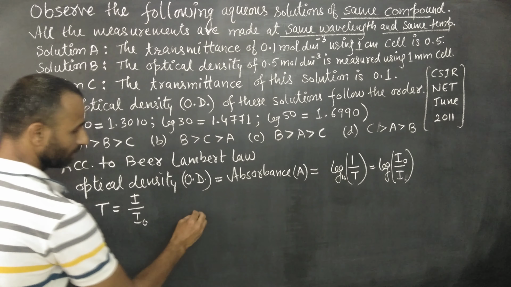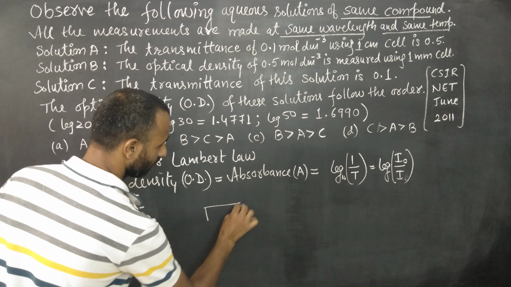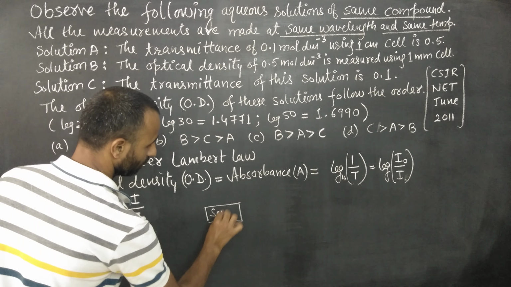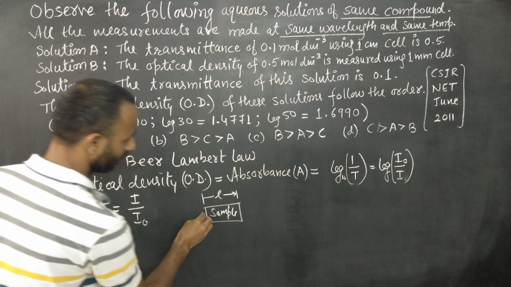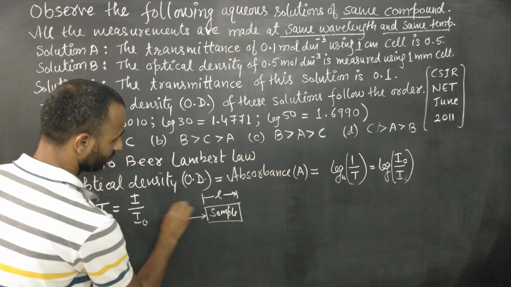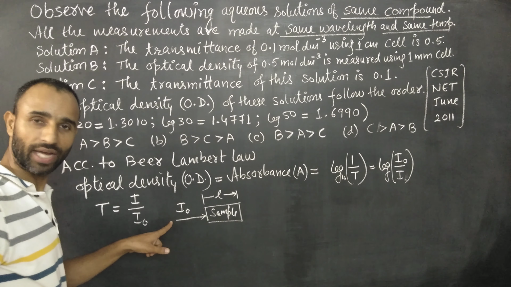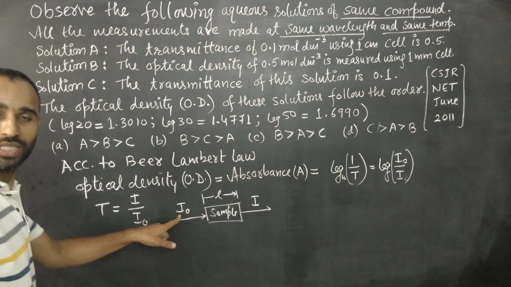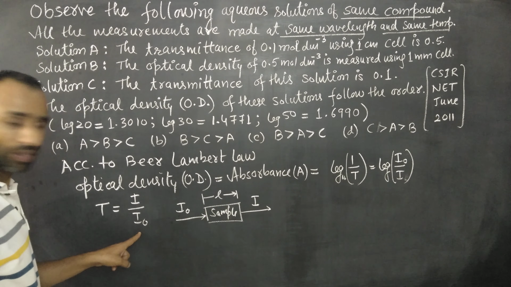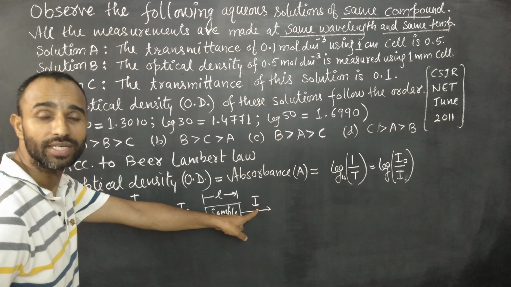If this is a solution sample of length L, then I naught is the intensity of the incident light, and I is the intensity of the transmitted light.